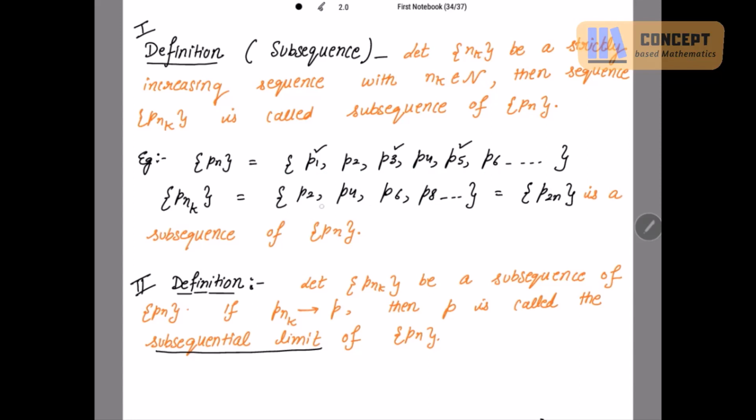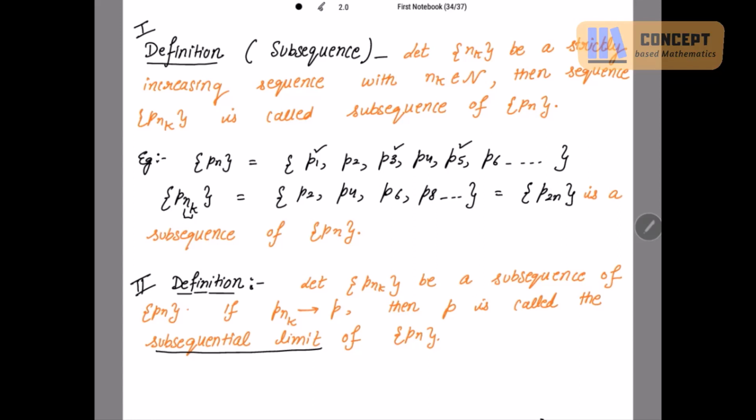So can I write the subscripts for the subsequence as P2n? It is twice the natural number, right? If this is my Pn, then my subsequence will be P2n. And Pnk is nothing but this nk also representing the subscripts, right? So this is a subsequence for Pn.